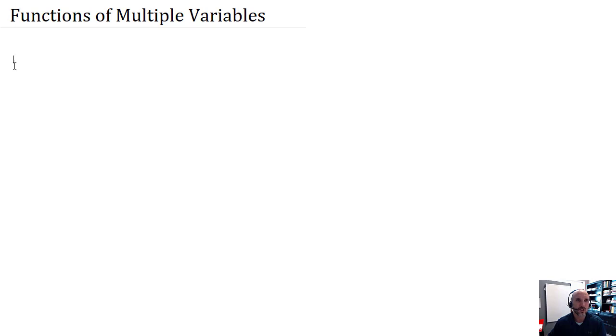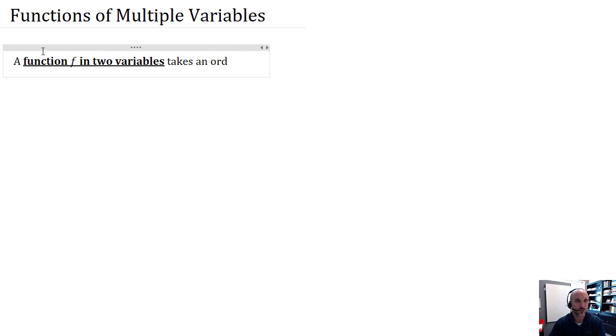Let's start with a function in two variables. So a function, let's call it f, in two variables. A function f in two variables takes an ordered pair input, let's call it x comma y, out of R2.